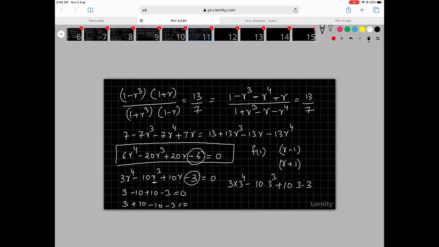If I work it out, 3 power 4 is 81. 81 into 3 is 243 minus 270, plus 30 minus 3. Now this is also equal to 0. So r minus 3 is also a factor of this given expression.